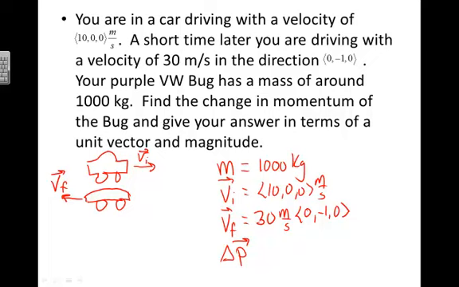All right, so going to a new slide. Let me write down the equations that we're going to be working with. There's really two equations that we need. We need the definition of momentum, which is P equals gamma mv, and we also need delta P equals P final minus P initial.